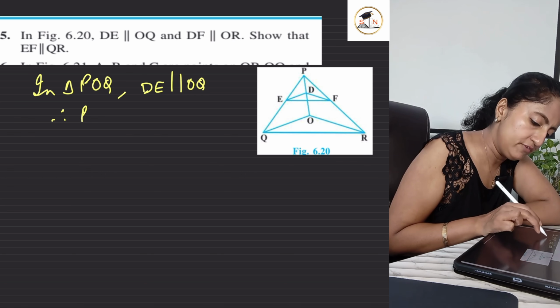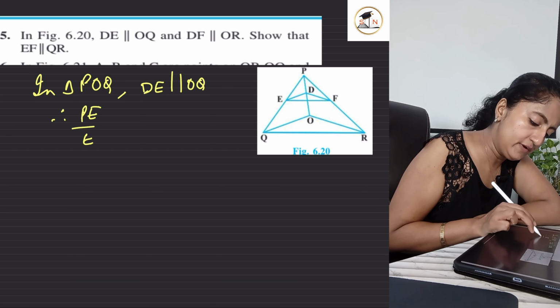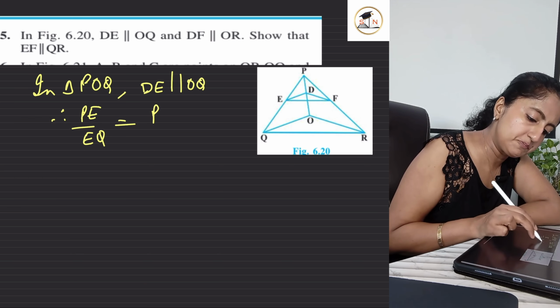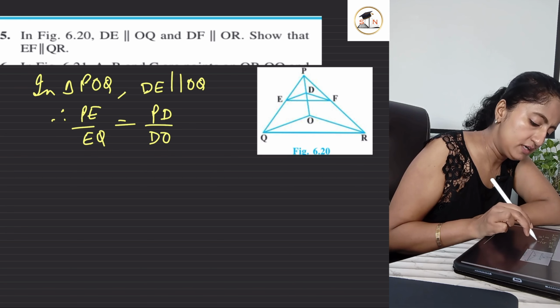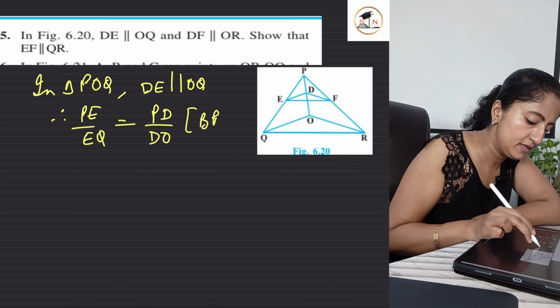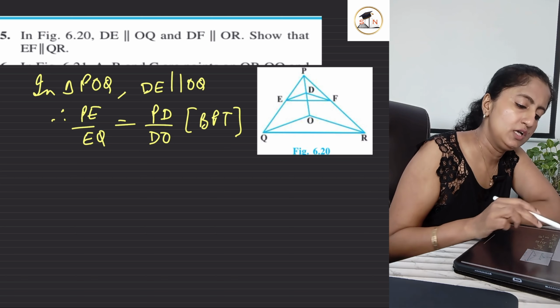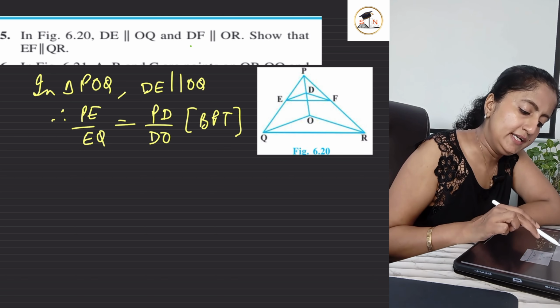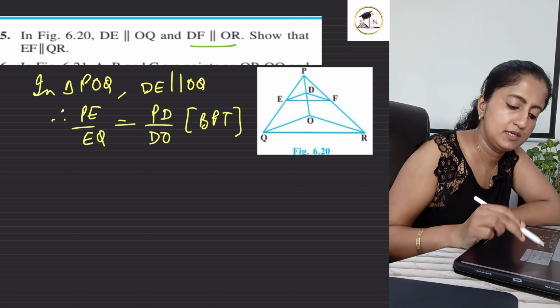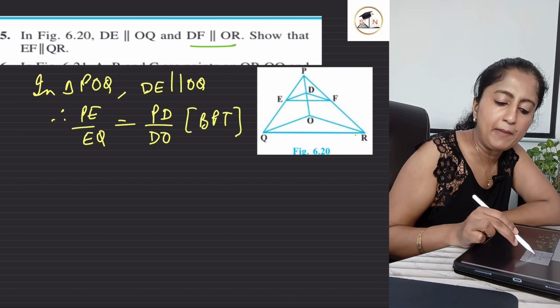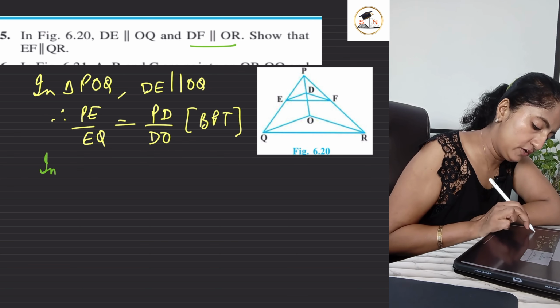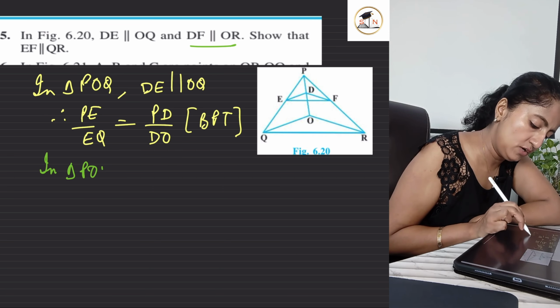So therefore, we get PE over EQ equals PD over DO. This is by BPT, right? Now, what are we given next? DF parallel to OR. So we are going to pick up in triangle POR.